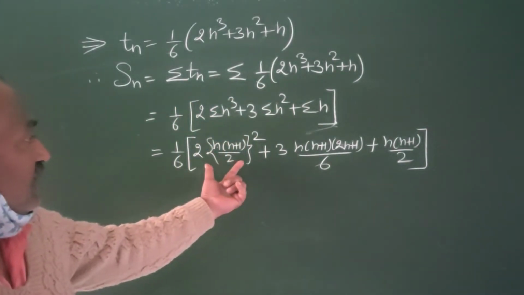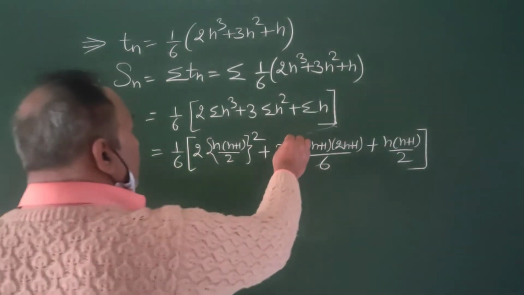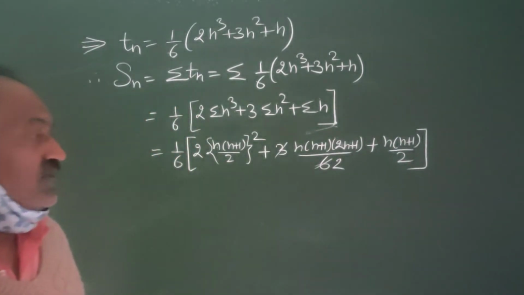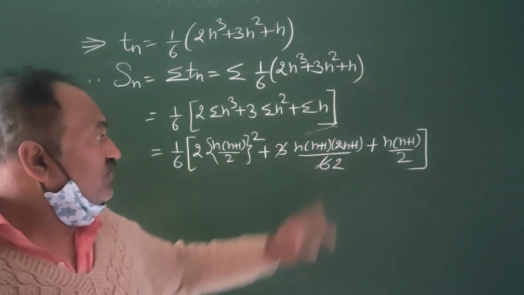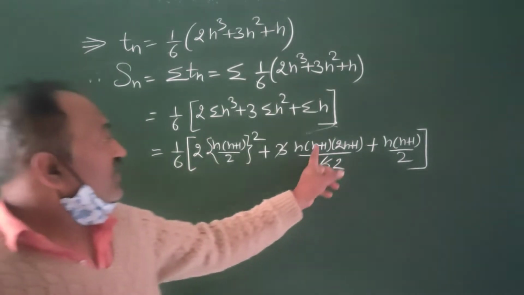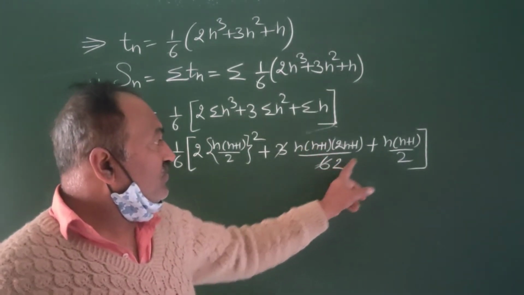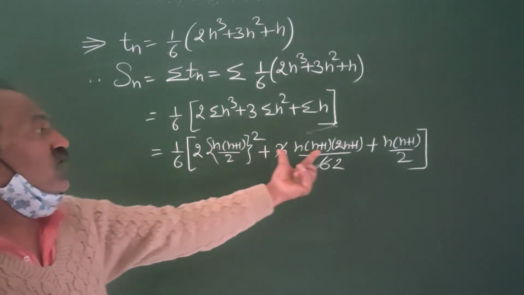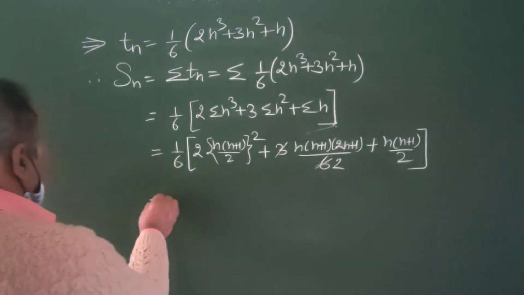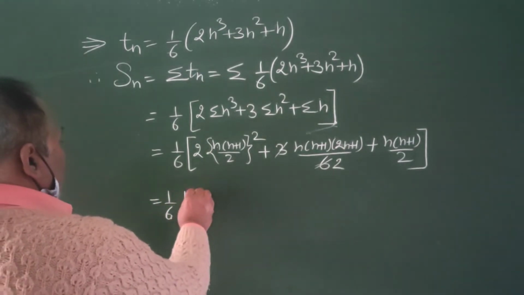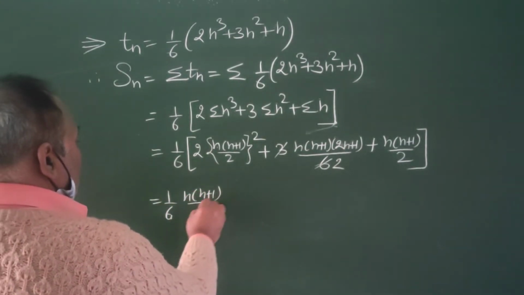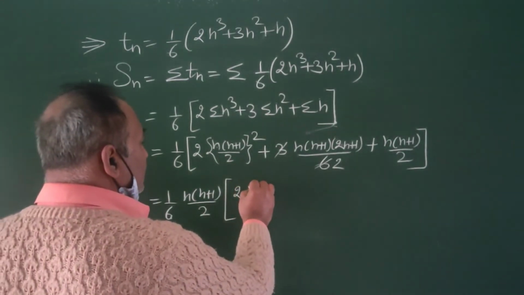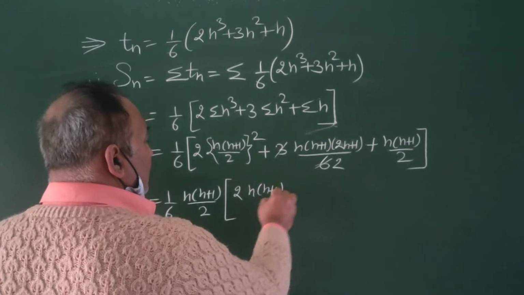After cutting 3 by 6, that is n into n plus 1 into 2n plus 1 upon 2, we will get common n into n plus 1 upon 2 from all these three numbers. Taking 1 by 6, n into n plus 1 upon 2 common, we get inside 2 into n into n plus 1 upon 2.